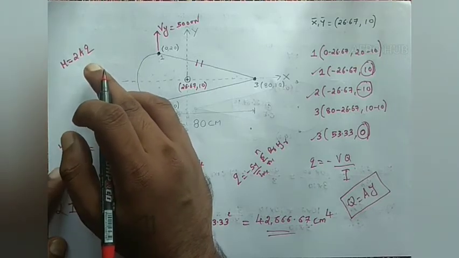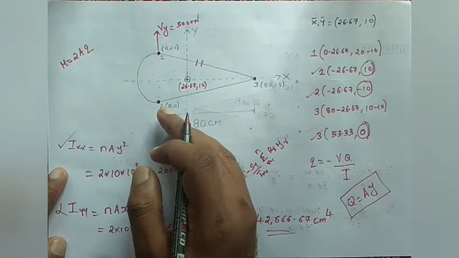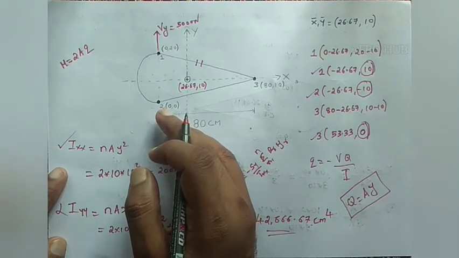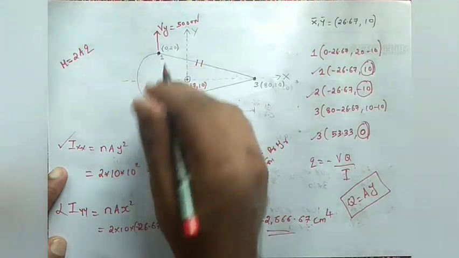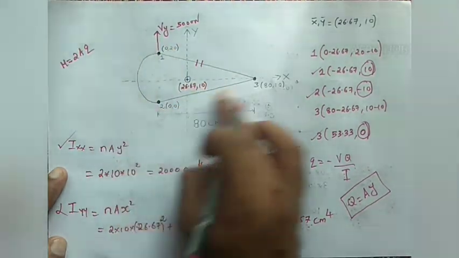When we have a constant shear flow, the moment will be equal to 2 times A into Q, where A is nothing but the area enclosed with respect to the point where we are taking the moment. So we have to consider the moment for portion 1, 2 and portion 2, 3.